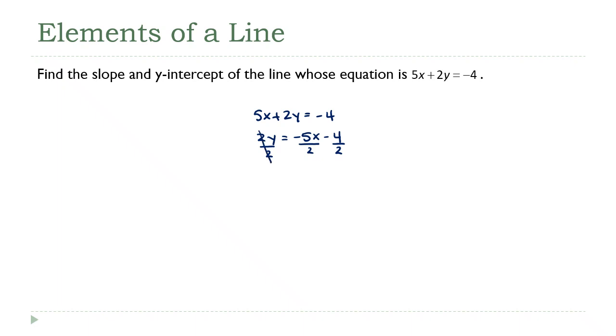The 2's cancel. y equals negative 5 halves x minus 2. And now I can answer my question. The slope is negative 5 halves. Just negative 5 halves. Notice I didn't include the x. It's just the number part. And the y-intercept is negative 2.